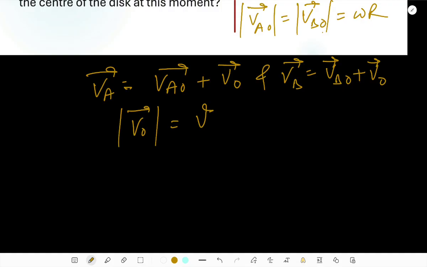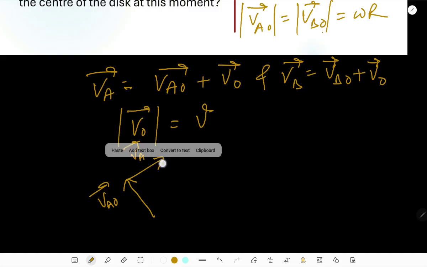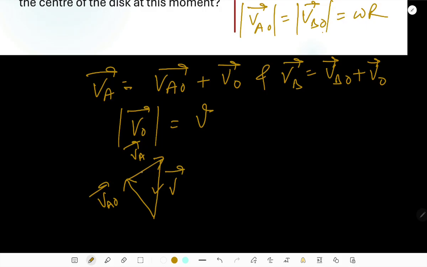So I'm going to write the vector equations, using vectors. I know the velocity of A with respect to O is something like this, and the velocity of A is perpendicular to this thread; it may be in any direction you can draw. If we add these two physical quantities, I'm going to get the velocity of A with respect to ground.